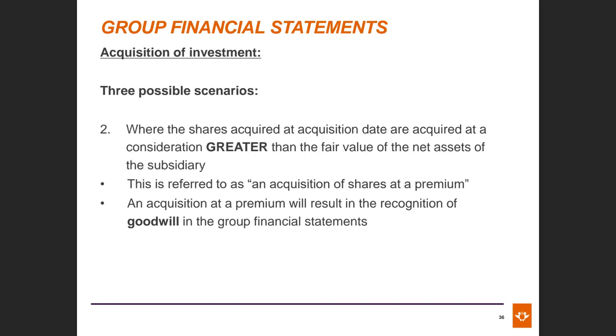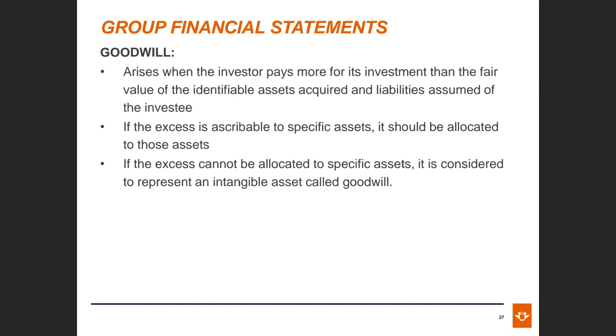Then if we have a look at goodwill in more detail, goodwill arises when the investor pays more for its investment than the fair value of the identifiable assets acquired and liabilities assumed. So the investor is paying more than what the assets and liabilities are worth.